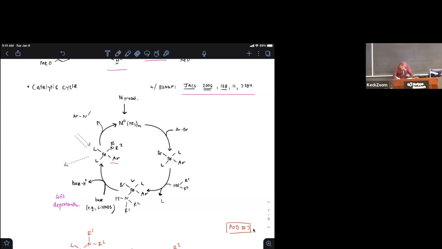Beta hydride elimination. Aha, okay. It would depend what your R and R2 groups are, of course, but let's draw out one of them in a more suggestive way. Beta hydride eliminate, and we saw this actually is a way in which we sometimes reduce palladium.